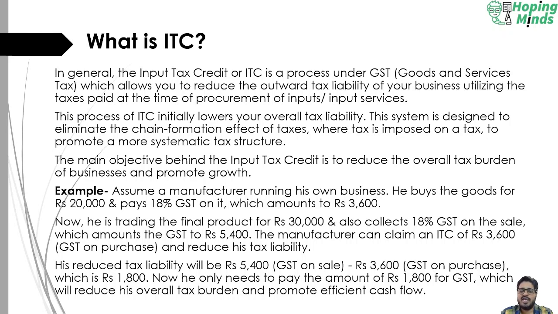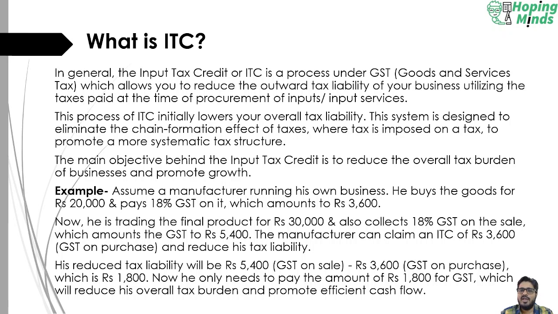Suppose I am a supplier of taxable goods, I am supplying goods and my customers are paying for such goods. They are also paying the GST components on such goods. Then I will collect this GST from the customer and I will pay the GST to the government. At the time of payment of GST, I will utilize the taxes that I have already paid at the time of purchase of such goods.